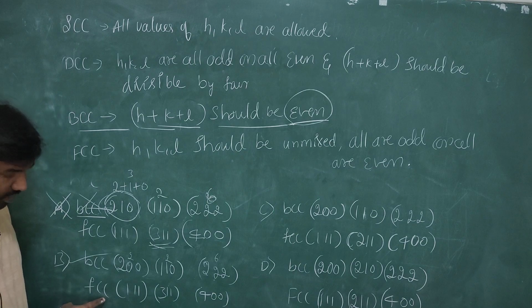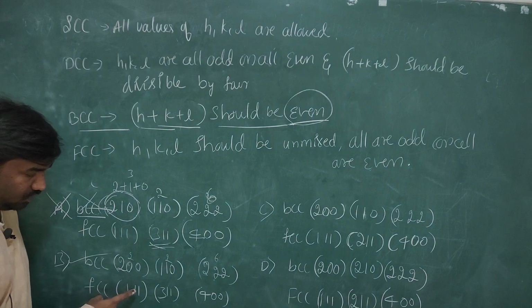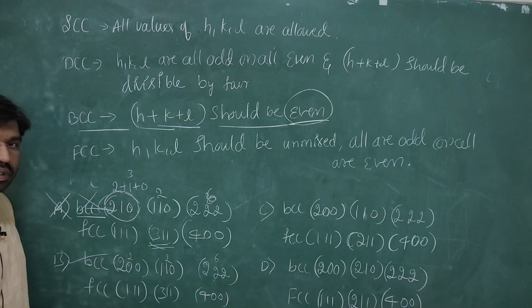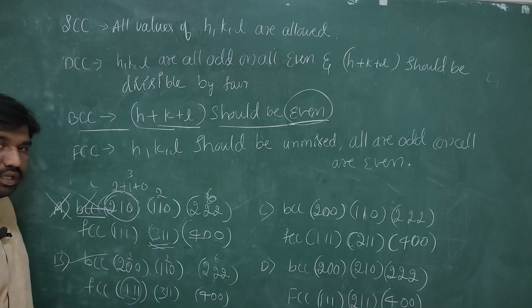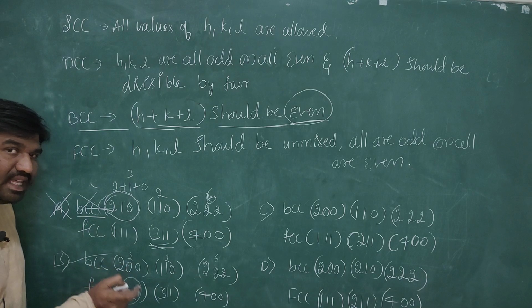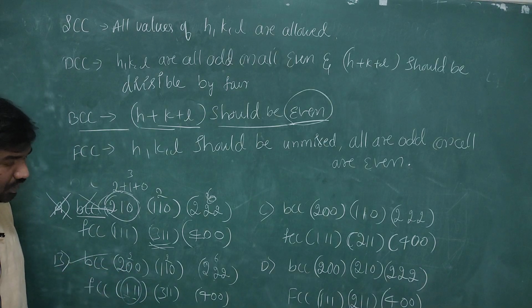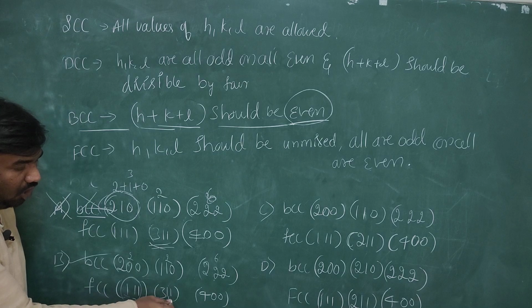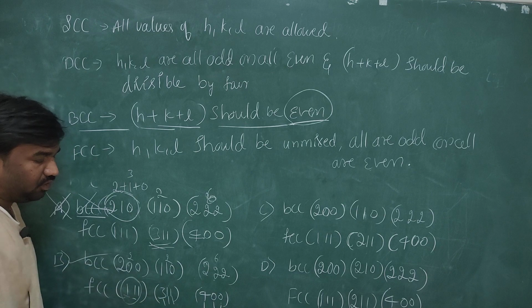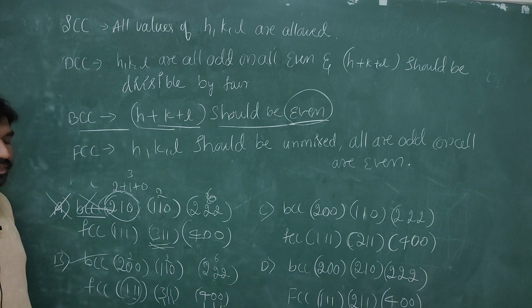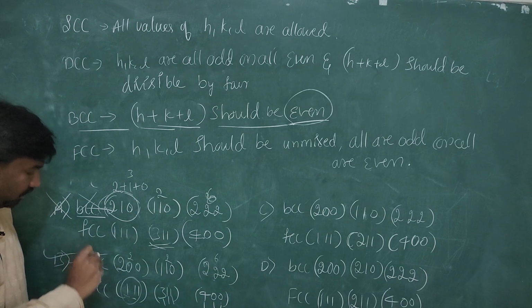Here for FCC, 1 plus 1 plus 1, and all the 3 Miller indices h, k, L are odd. It should be either all odd or all even, but not mixed. Here odd, odd, odd, even, even, even. So, no problem. So, B is the correct answer.